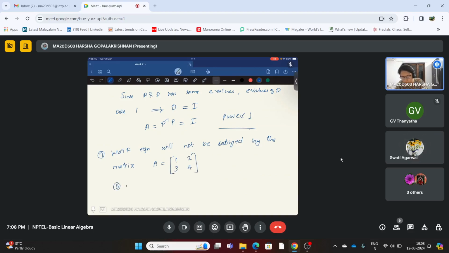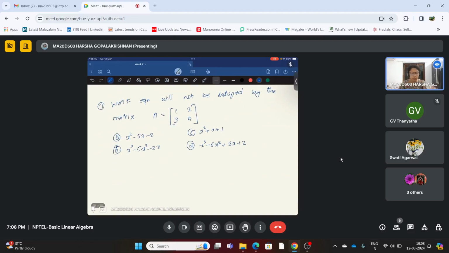And the options are given. I have already shown that if we have a polynomial equation, we can just substitute A squared, A cubed, everything and check what f of A is.